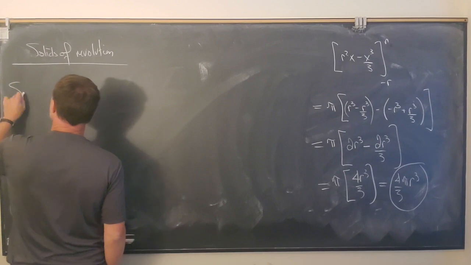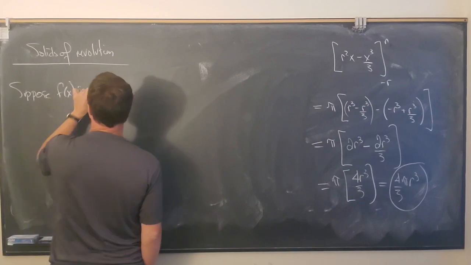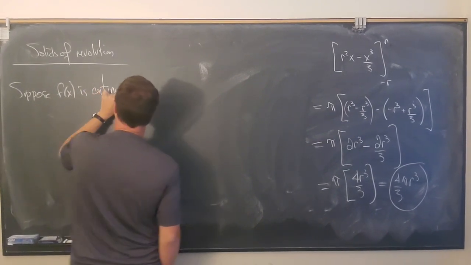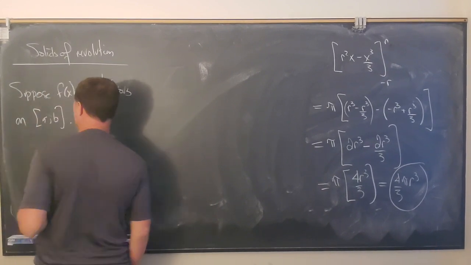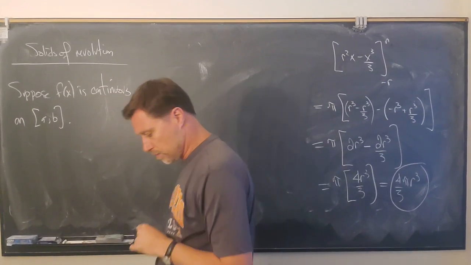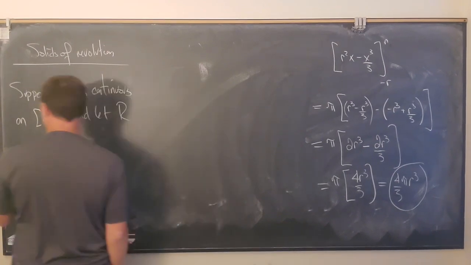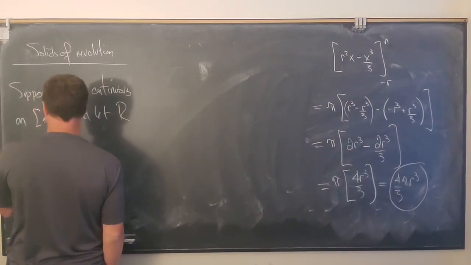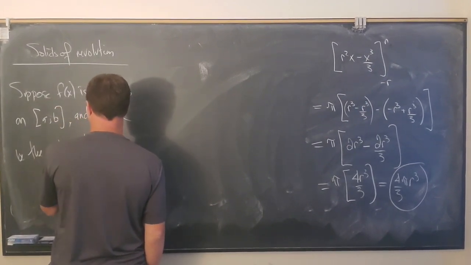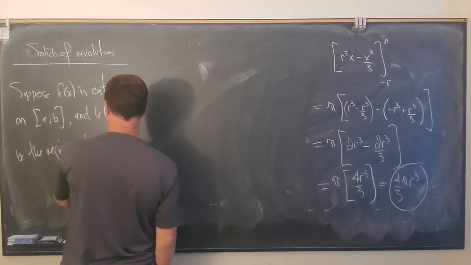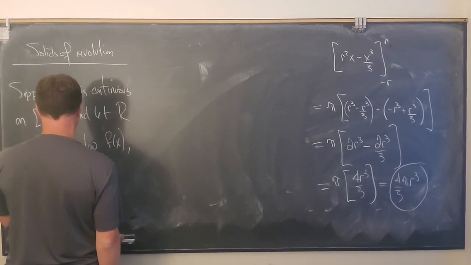So suppose f of x is continuous on the interval from a to b, and let R be the region below f of x over the interval from a to b.